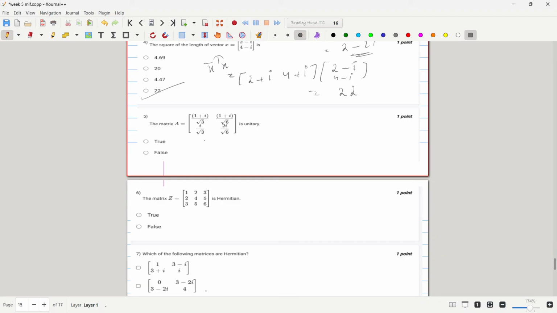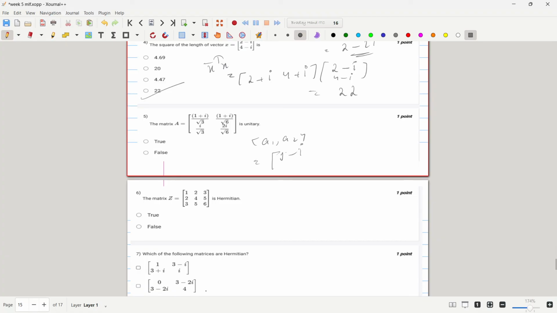The matrix A, is it unitary or not? The condition for A to be unitary is that its columns must be orthogonal and orthonormal. Suppose I take the columns of matrix A as A1 and A2 for checking the orthogonality.